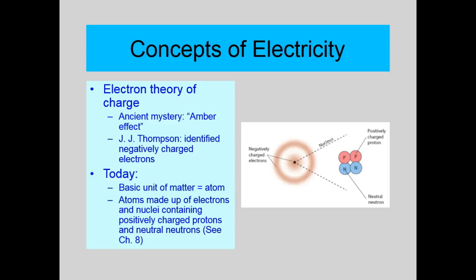Now, the electrons are almost massless, incredibly tiny, but they carry a full negative charge. The protons are enormously massive compared to the electrons, and yet they carry just a single positive charge. So they have exactly the same amount of charge, they just have a whole lot more mass.